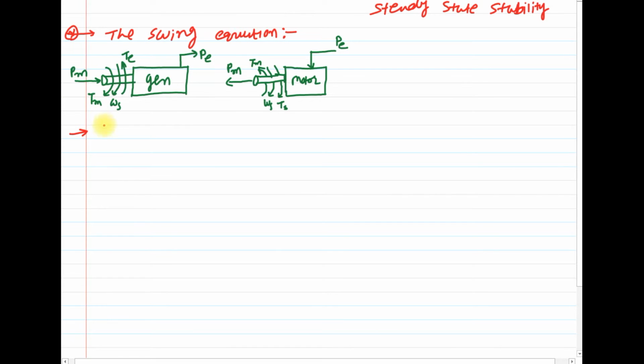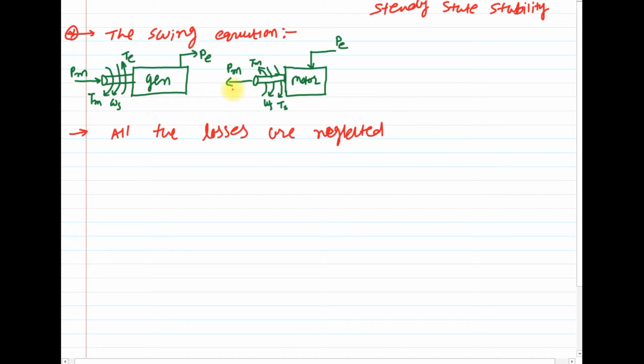Clear? Here we have assumed that all the losses are neglected.